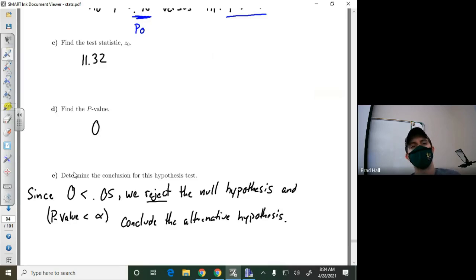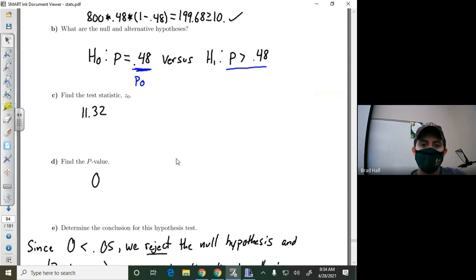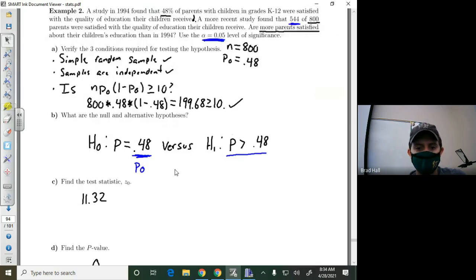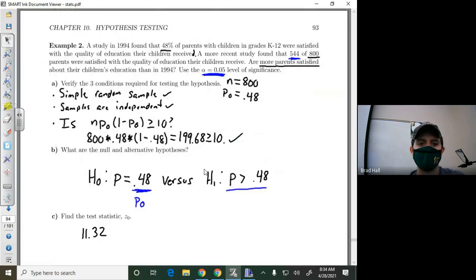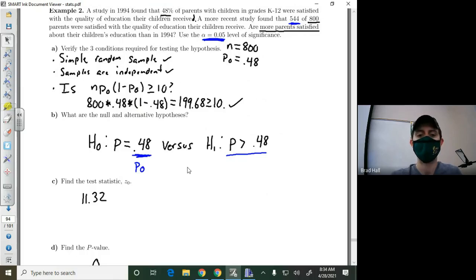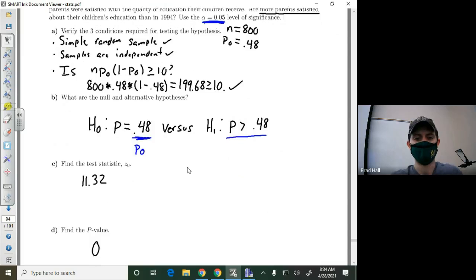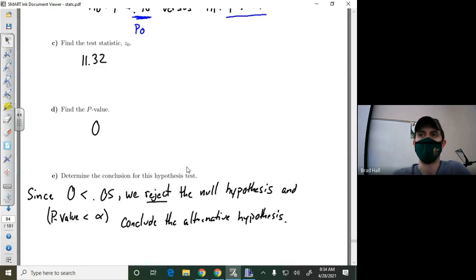That's pretty much how that ties into the language that we use in the previous section. So what this is saying is that parents are, in fact, more satisfied with their children's education now than in 1994, because that is the alternative hypothesis. Does anyone have any questions before we look at another example?